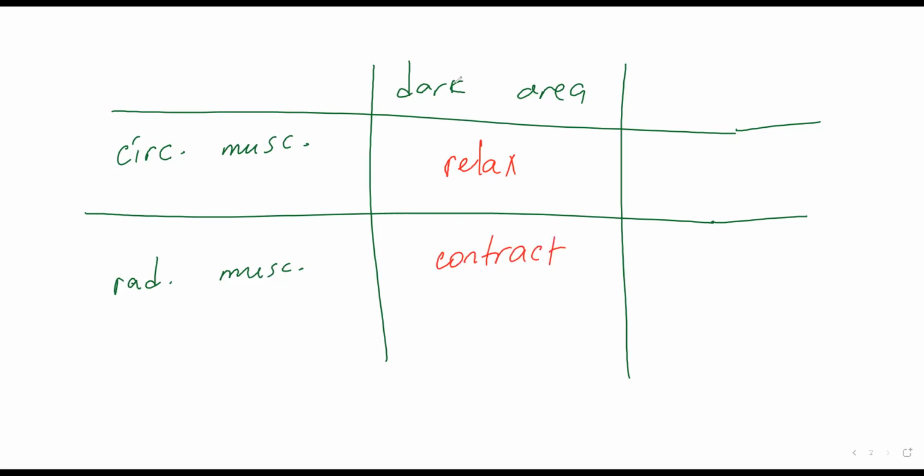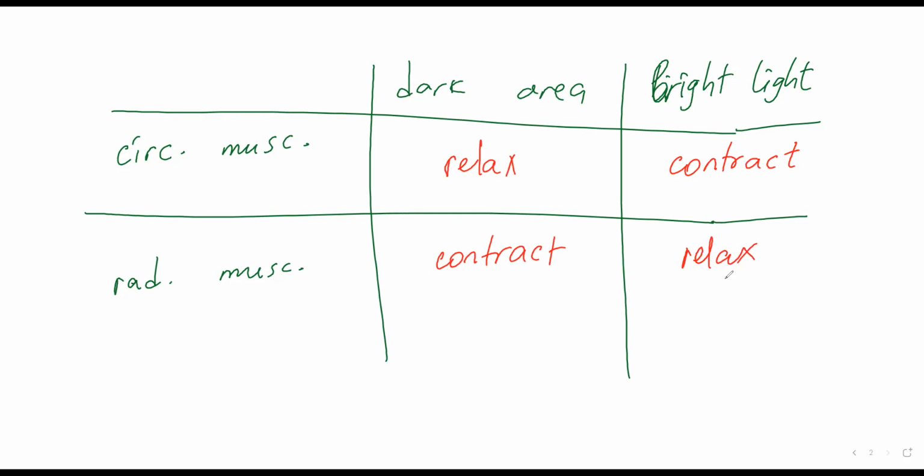When you are in a bright light area, guys, dark area is dim light. When you are under bright light, in this case, we will have the opposite action, such as circular muscles will contract, but radial muscles will relax.